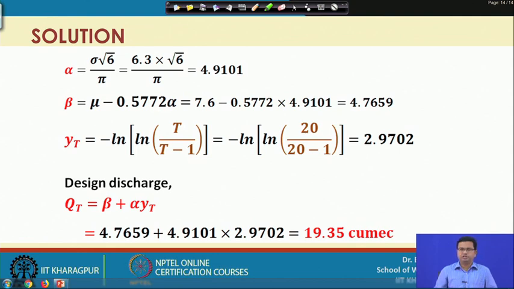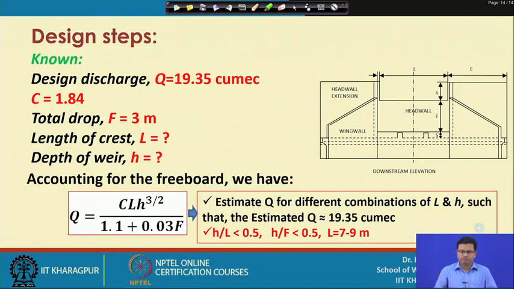So, once this design discharge is estimated, then we can use the simple procedure whatever we have already done in the previous examples. So, I have to use this equation Q equal to C L h to the 3 by 2 divided by 1.1 plus 0.03 f.